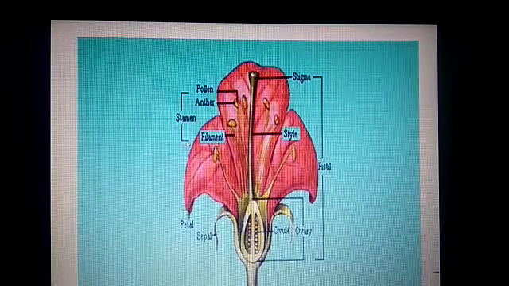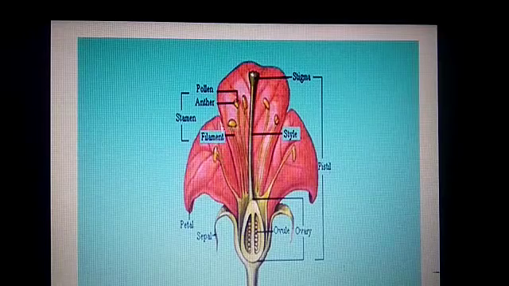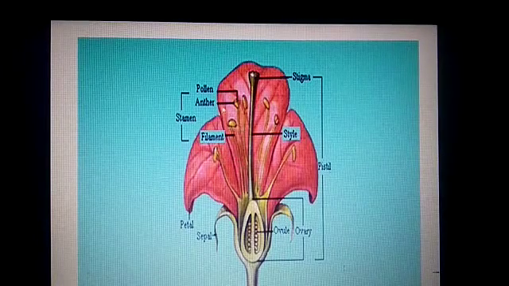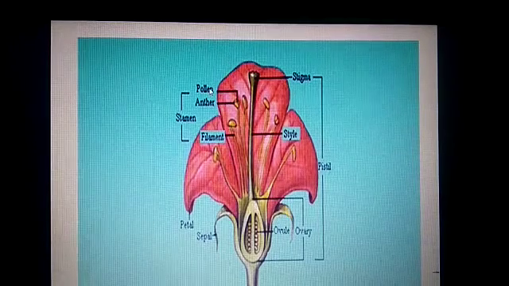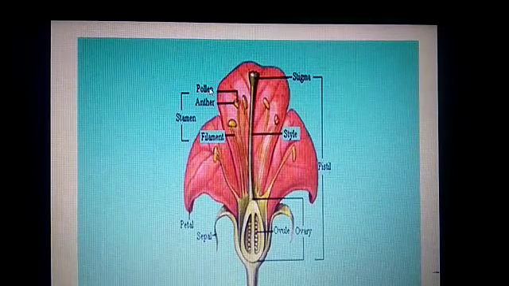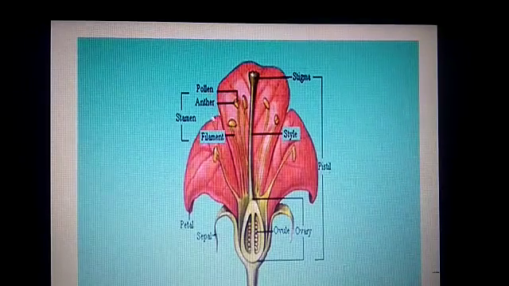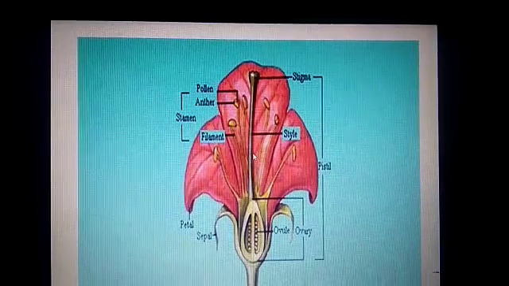A stamen consists of three parts, that is pollen, anther and filament. The filament is a thread-like structure, and the anther has sacs on top. At the tip it bears pollen. Stamens are male reproductive parts of the flower.